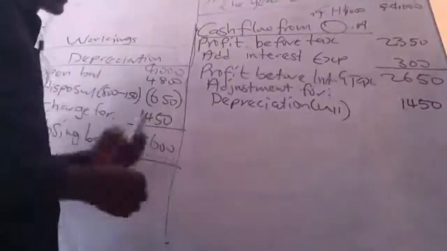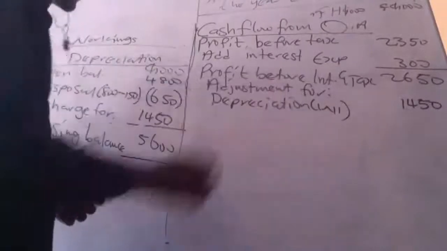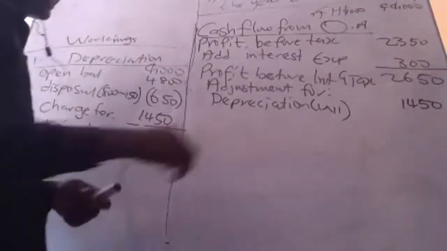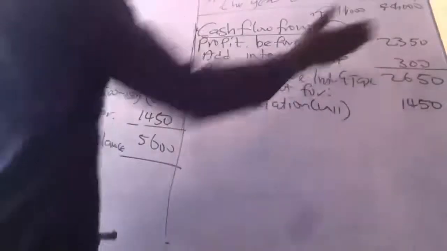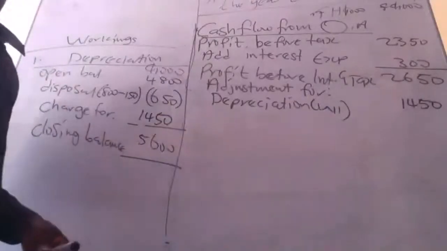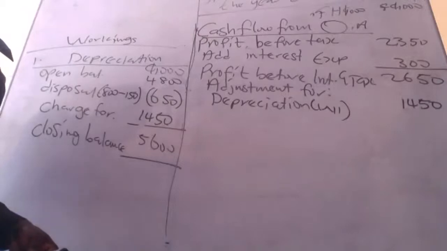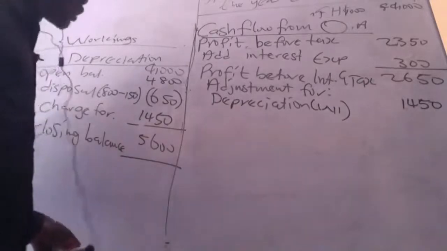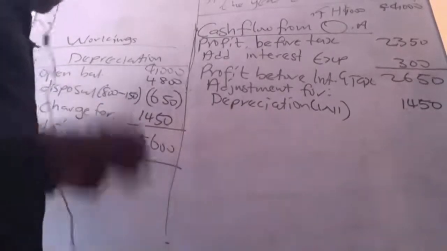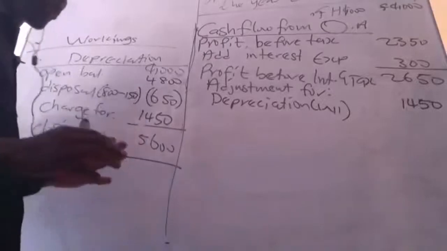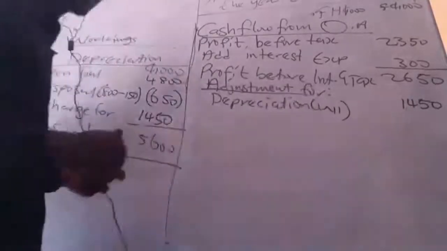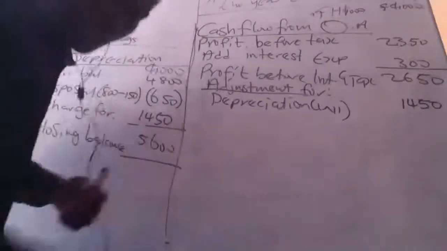We are adjusting it. Don't forget all the adjustments. If they've added, subtract. Here you have to reverse it. So depreciation, they have subtracted. What do we do? We add back. Why are we adding back? So depreciation, they have subtracted. First of all, for the adjustment, we are reversing it too. Whatever they have done, we are doing the reverse entry.